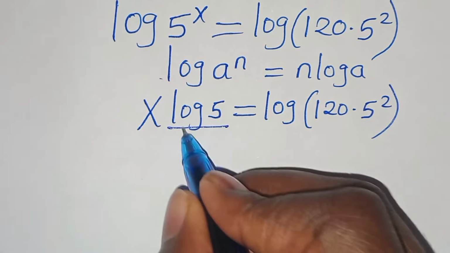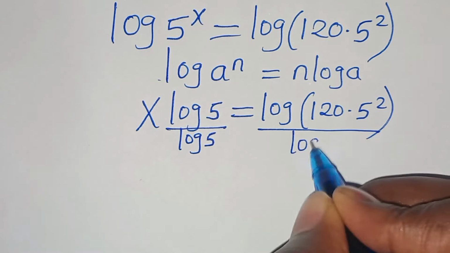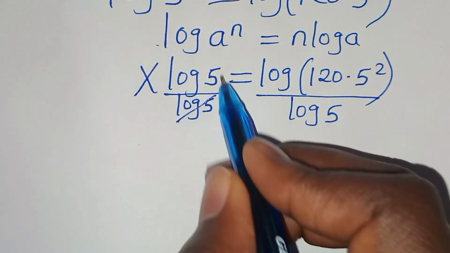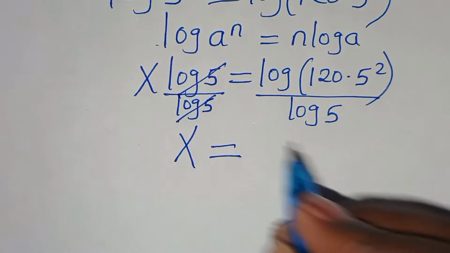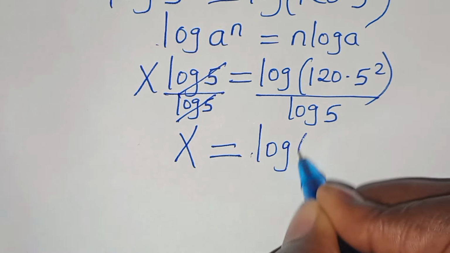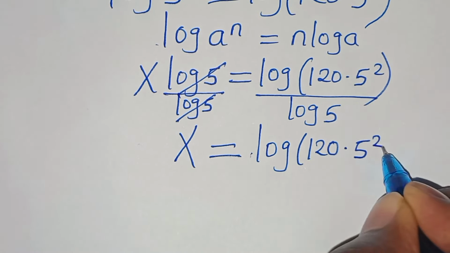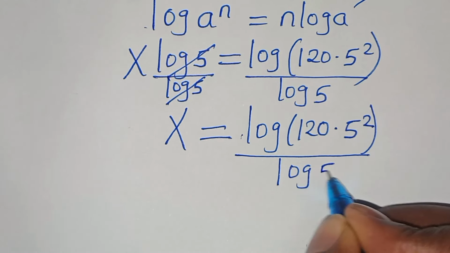Let's divide both sides by log 5. So let's simplify here so that now x is equal to log 120 multiplied by 5 to the power of 2, everything here divided by log 5.